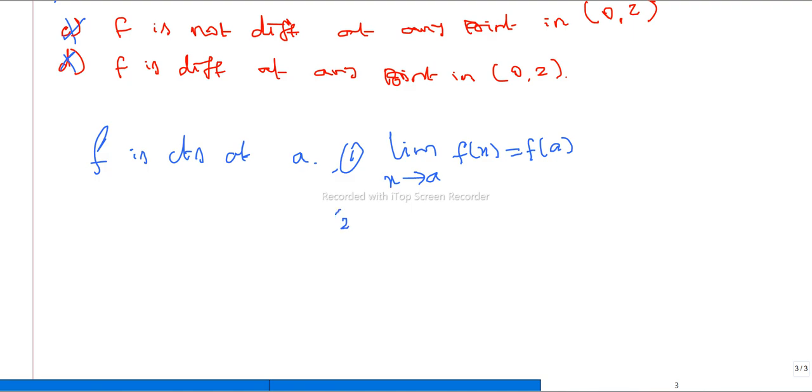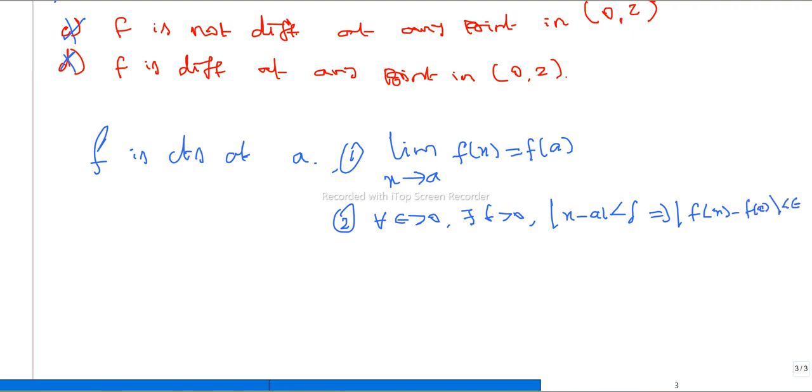Or you can use the epsilon delta definition: for every epsilon greater than 0, there exists a delta greater than 0, such that for any x in that set with modulus of x minus a less than delta, it implies modulus of f of x minus f of a is less than epsilon, for every x in this neighborhood of a.